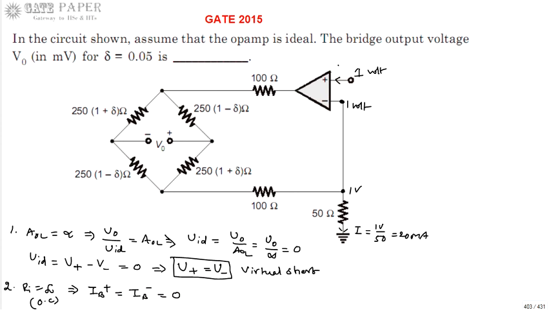IB plus is the current flowing through the non-inverting terminal, and IB minus is the current flowing through the inverting terminal. No currents flow into the input terminals of the op amp, since an ideal op amp has high input impedance.